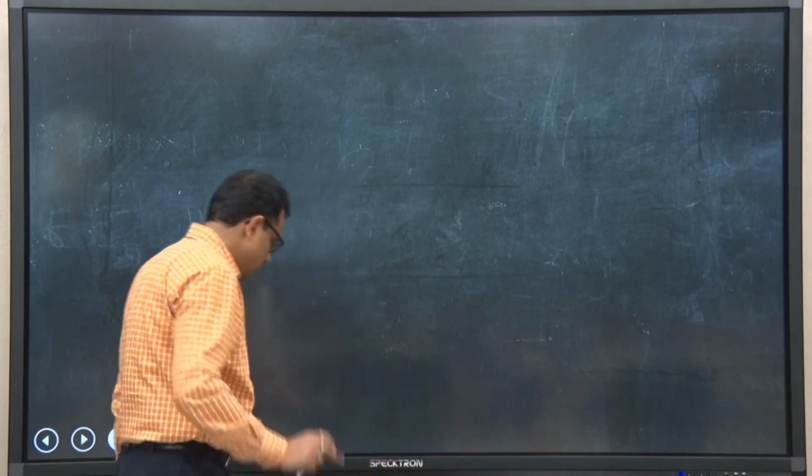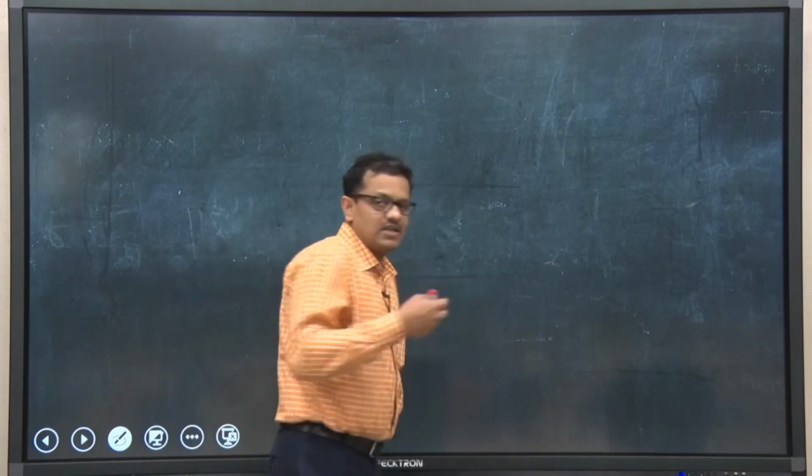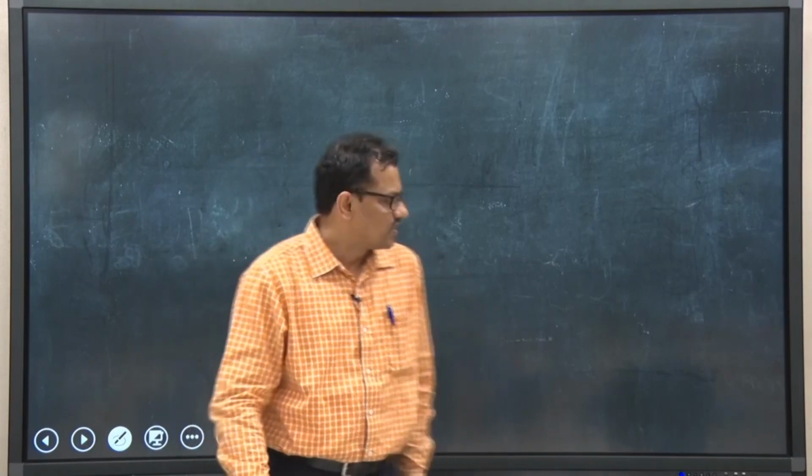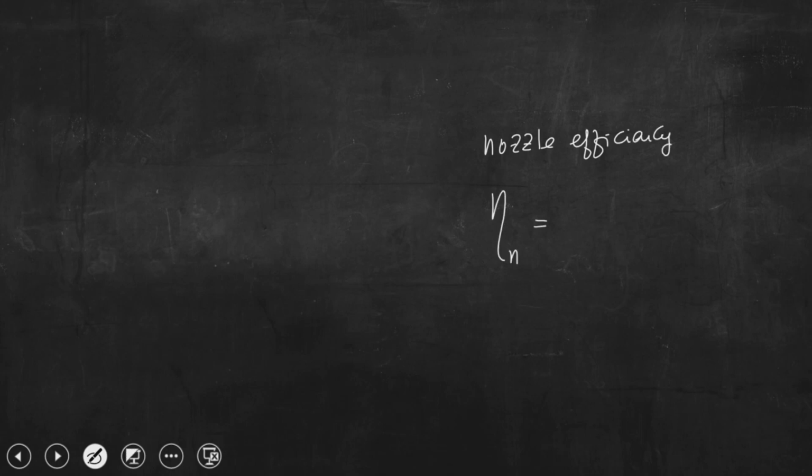So, you know that it is better to write the nozzle efficiency that we could derive in the last class, that is the mathematical expression. What is the mathematical expression of the nozzle efficiency? If I write nozzle efficiency, we could express it mathematically as the actual heat drop over the ideal heat drop due to the isentropic process.